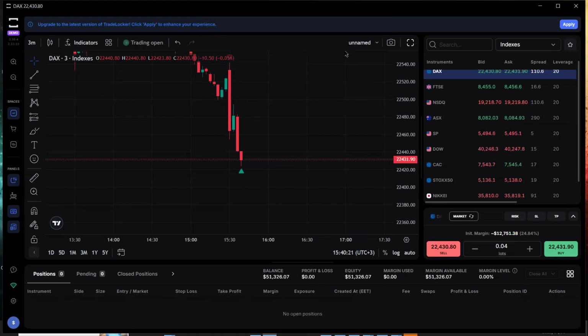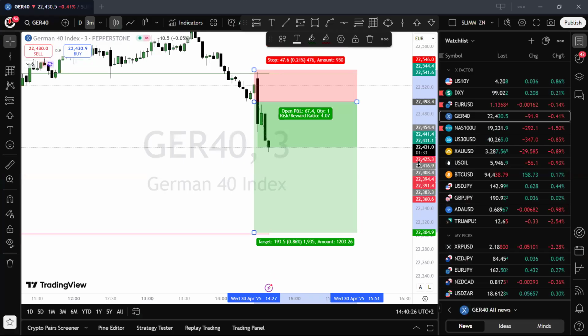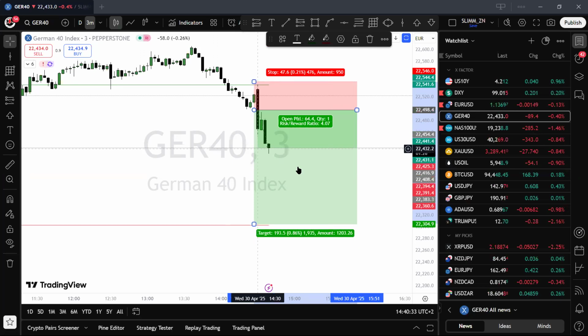I saw something forming, and yeah, I'm just not happy with getting a break even, especially after I've seen just under 2%. But we are looking for a potential continuation of this price going to hit this level.